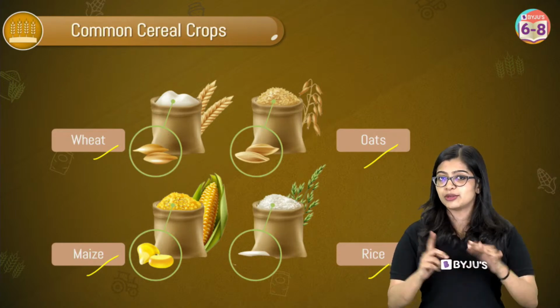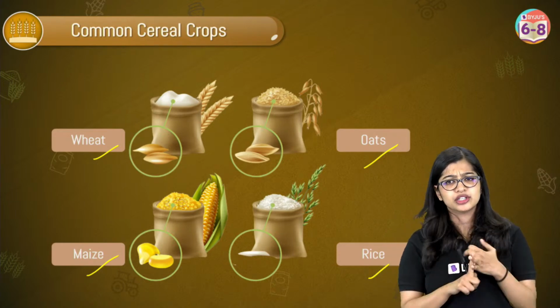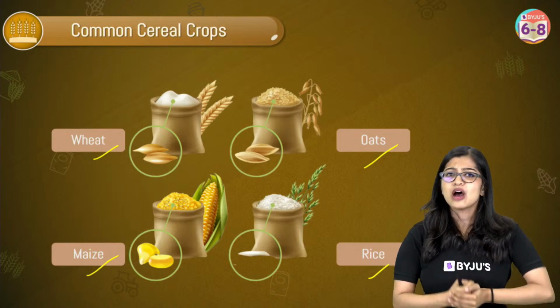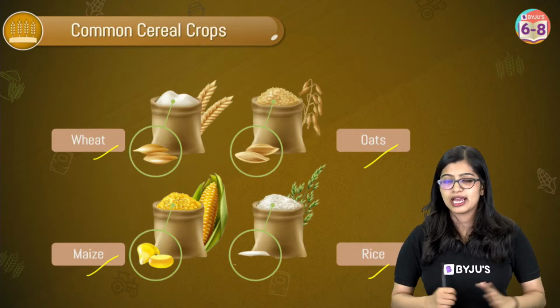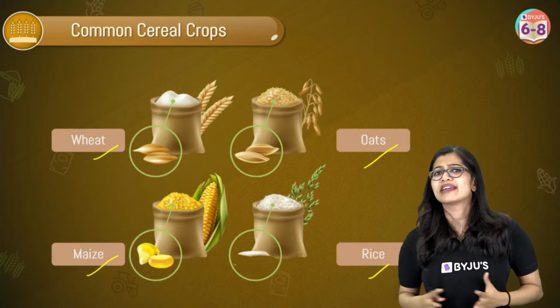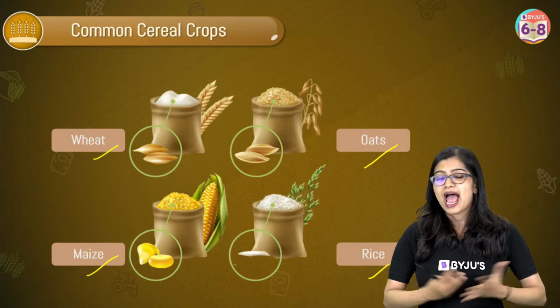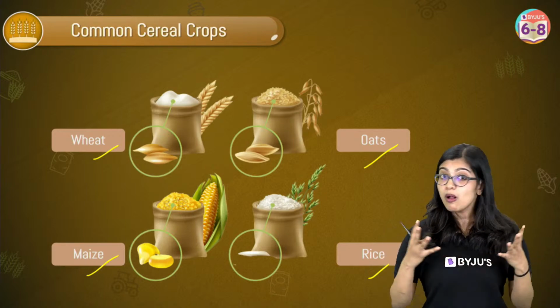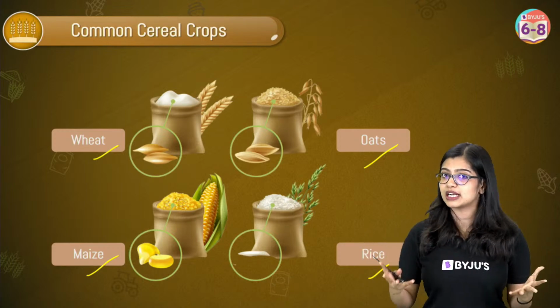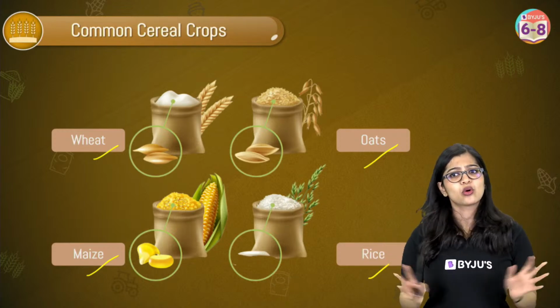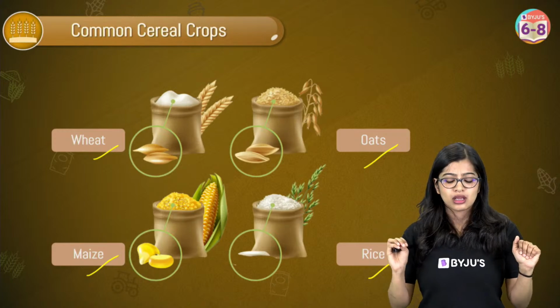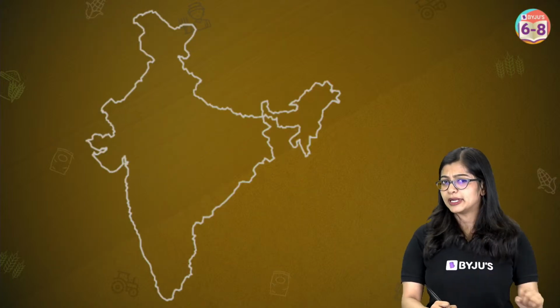Now that we've understood what agriculture is, we've learned about crops, right? Now in order to grow any plant, we see that they require certain things to grow. And do you think that all the plants or all the crops that we require can be grown all over the country? Let's understand this point a little bit in detail. Now let's look at our country.